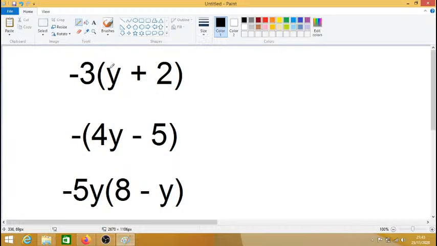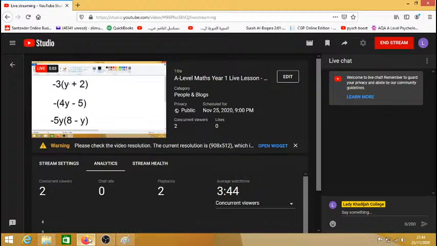And the difficulty here is that on the outside it's not just 3 but minus 3. So see if you can figure out what's going to happen when you multiply minus 3 with each of the things inside the bracket. When you're ready with the answers, just type them into the chat window.